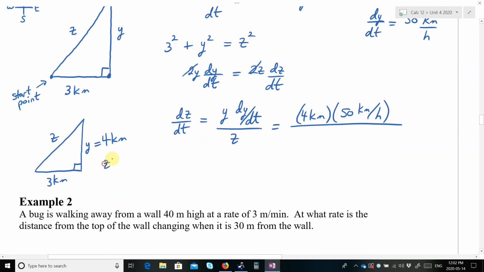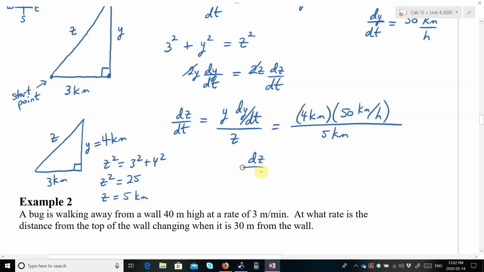Right? So z squared is equal to 3 squared plus 4 squared, so z squared is equal to 9 plus 16, which is 25, so z ends up being 5. Mathematically, we would do the square root thing, plus or minus and all that, but we're finding a distance, so we get z equals 5 kilometers.